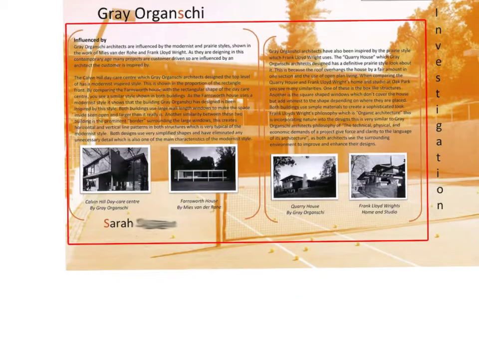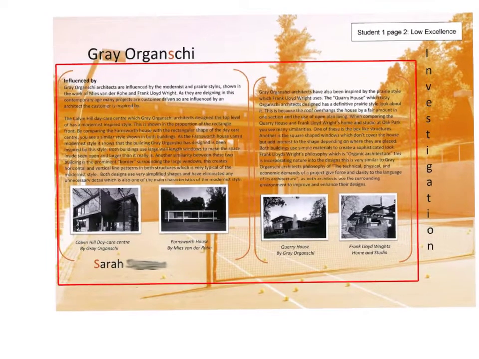The next thing to look at is that this student has decided to use some images here of the architect's famous work. What this allows the viewer to do, and anyone assessing it, is see directly what the architect is on about, what sort of elements they use.